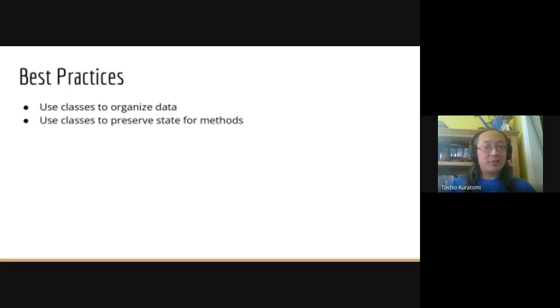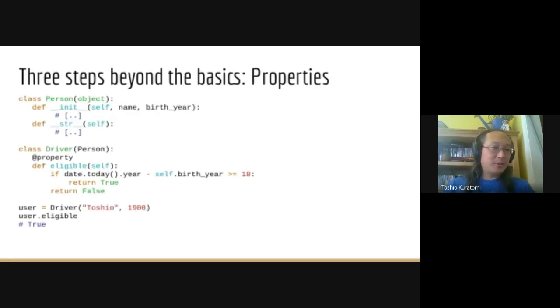Use classes to preserve state for methods. So, we save the birth year in __init__, and then when we run eligible, we're using self.birth_year. So we're using that state here in eligible. And remember, we also have __str__, and that also uses self.birth_year. So we save the birth year state so that __str__ and eligible can both use it.